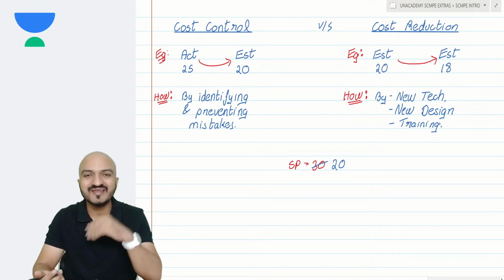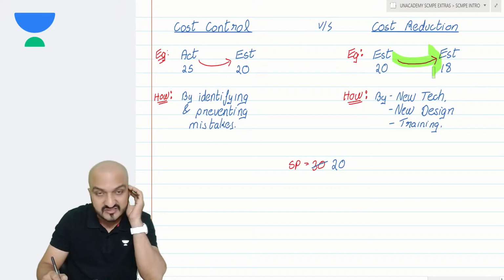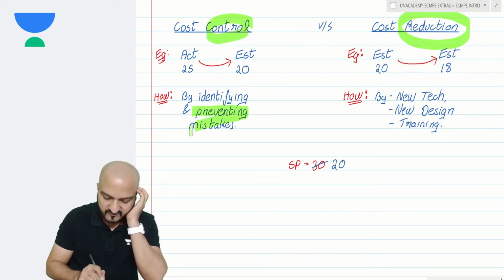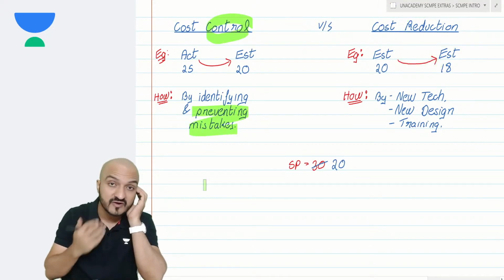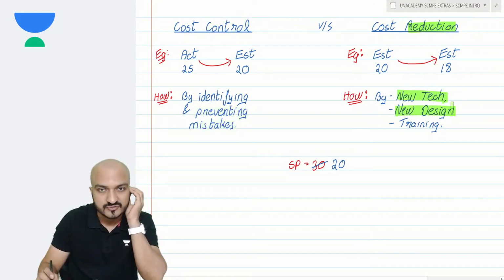So there can be various other creative ways to achieve that decrease of estimate. That is what we do in cost reduction. So understand this clear difference. Cost control is to prevent my mistake. But after preventing mistakes, if you want further improvement, then that will need cost reduction.